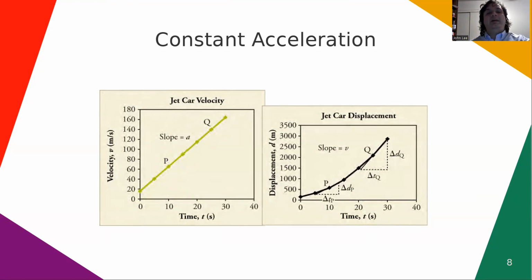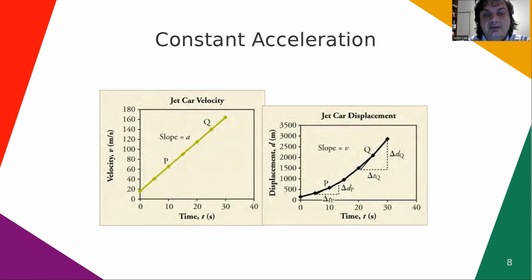And then when you look at the displacement versus time, it's going to be a parabola, because instead of going at a constant speed, every little bit of time that goes by, you are going at a faster speed. You're going faster and faster and faster.